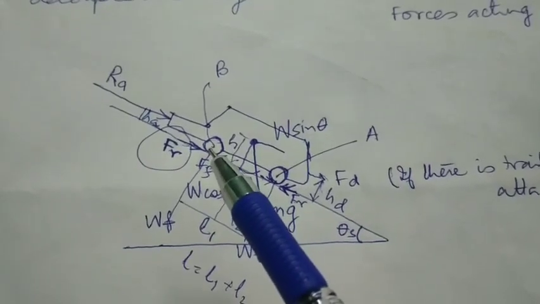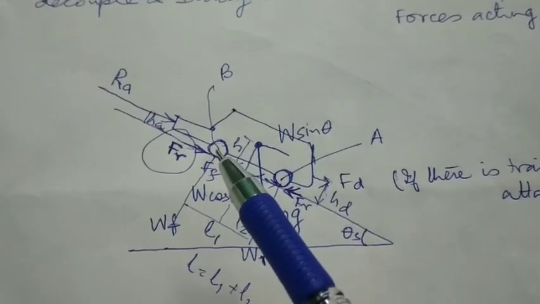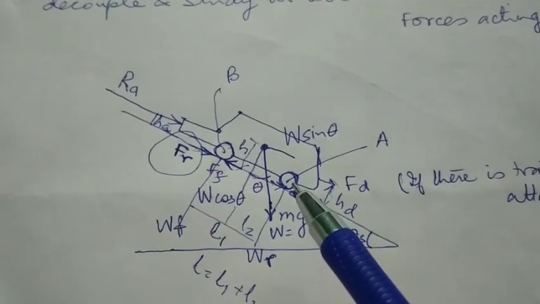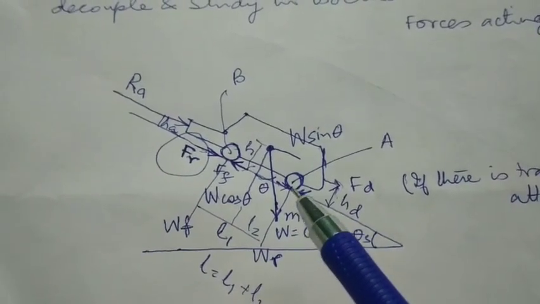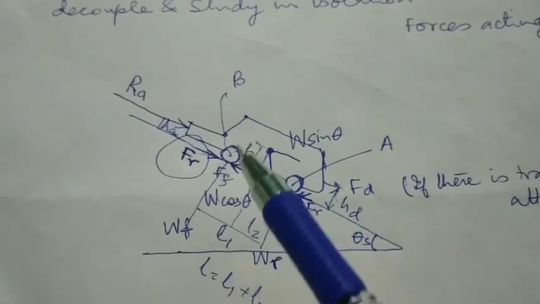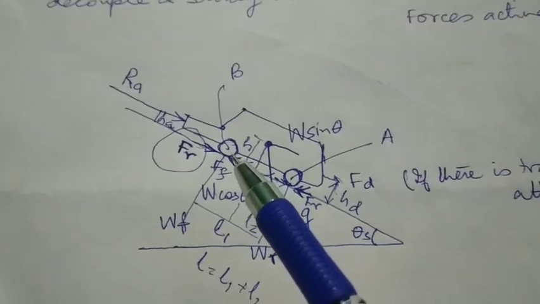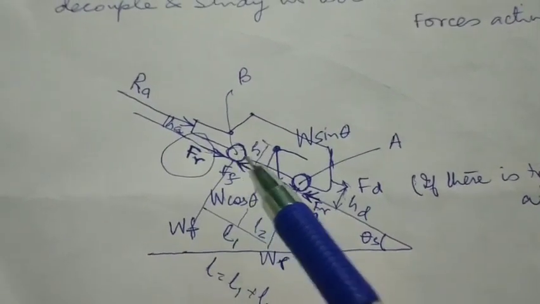We have a point B which is the front wheel, and a point A which is the rear wheel. Two wheels are there, one on the front and one at the back, but we are showing the elevation, so we are able to see only one wheel.